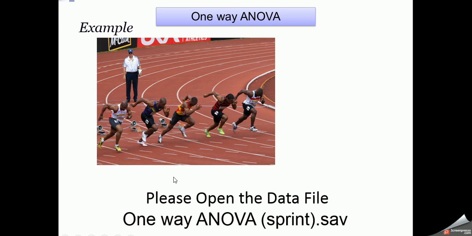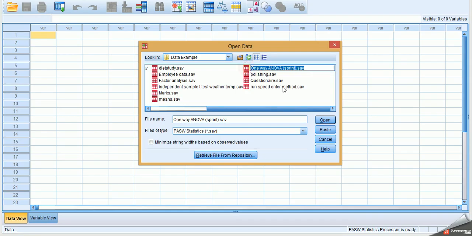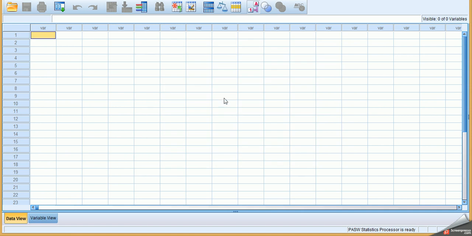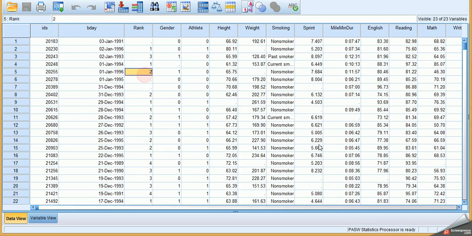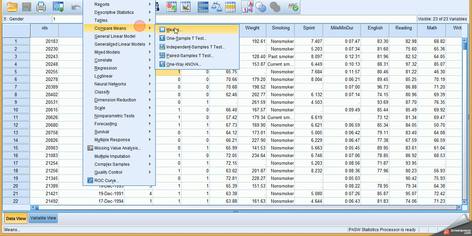Now let's go to the software using the one-way ANOVA dataset. Here we open this file, then we have the data. Now what we are going to do is go to analyze, compare means, and then one-way ANOVA.